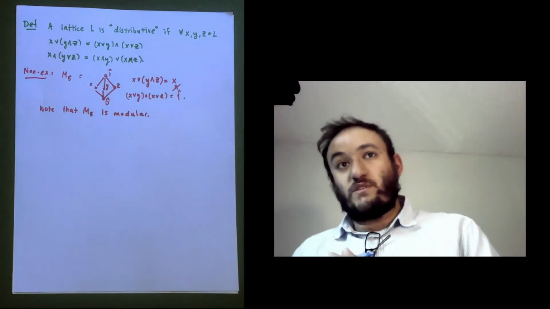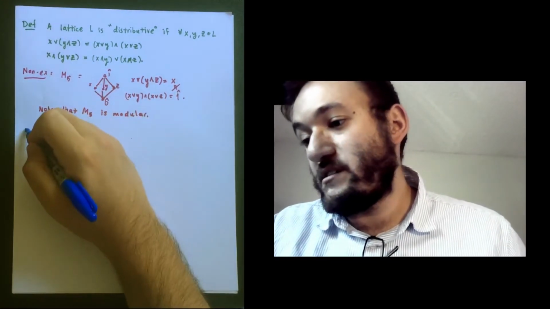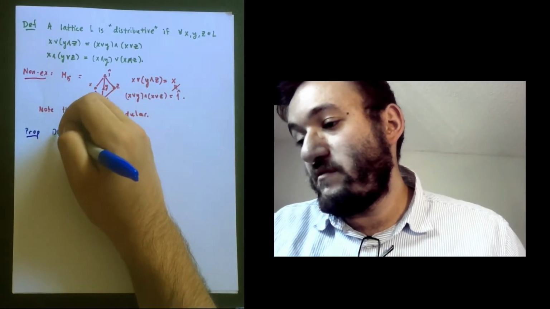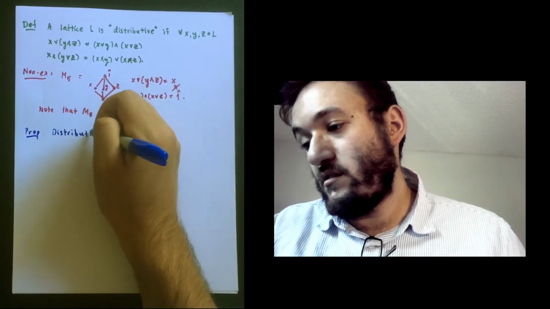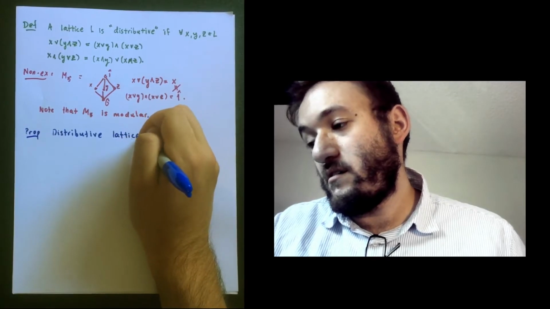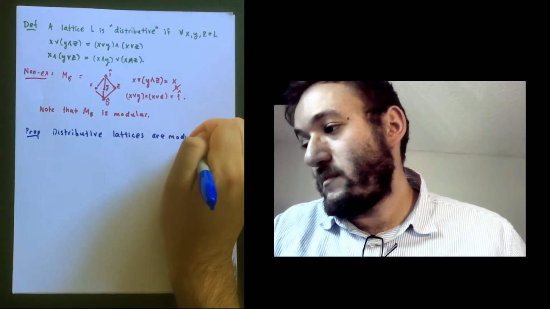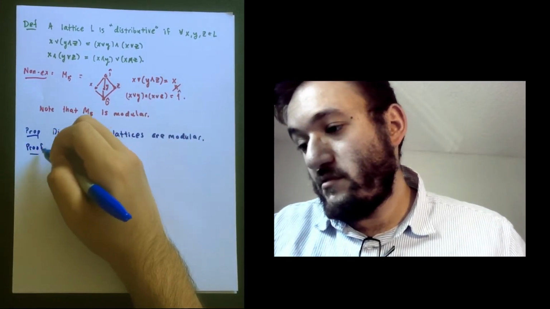The relationship between distributivity and modularity can be summarized as follows. Okay, distributive lattices are modular. Okay, and the proof of that is rather simple.